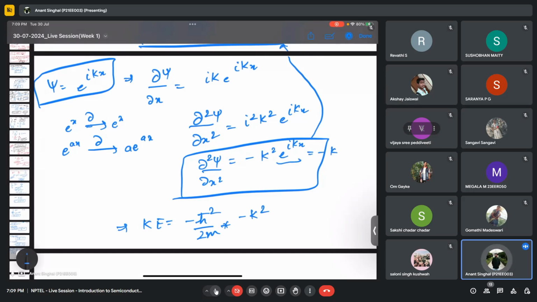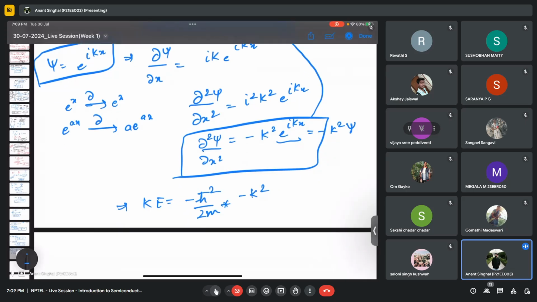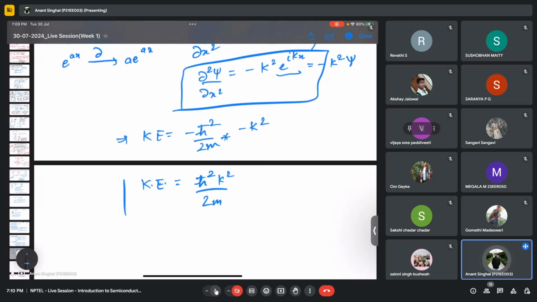So I can write this as minus k square psi, and that will come out to be h bar square k square by 2m. So this will be the kinetic energy, and this will be the answer. Any doubts here?